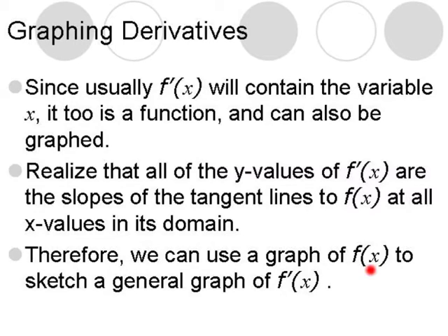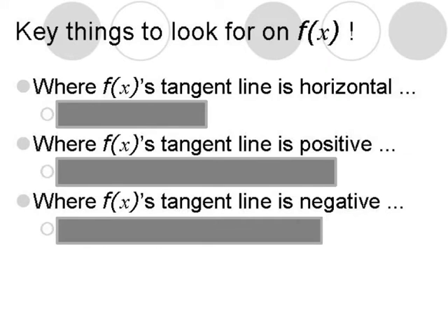Okay, so we can use a graph of f then to sketch a general graph of f prime, and let's figure out how. So let's think ahead to if we're going to graph f prime of x. f prime of x depends on the tangent lines of f of x. So again, this does not say prime.